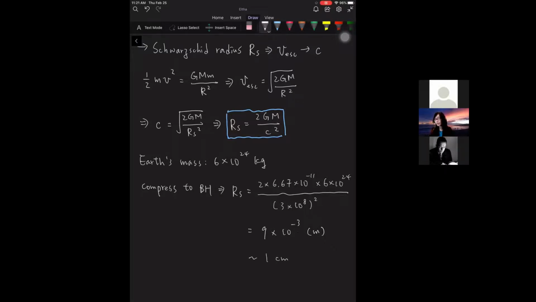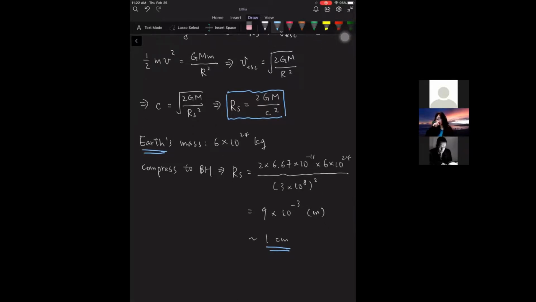So this is a very useful analogy: if someone asks you how dense a black hole is, you can say it's like compressing the mass of the Earth into a radius of 1 centimeter. For Earth mass, the black hole should be constrained to 1 centimeter in radius.